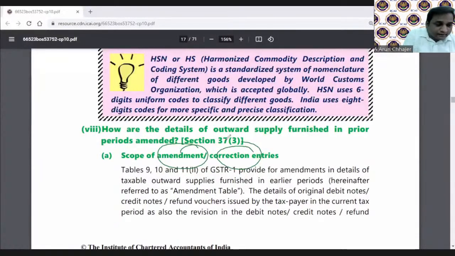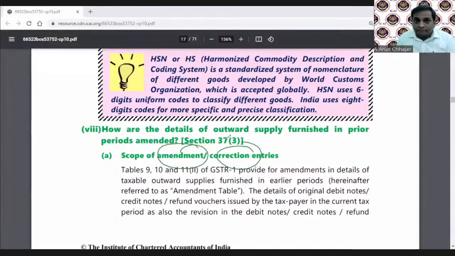It means in the current month, if I have entered any wrong information with respect to invoice, debit note, credit note, etc., in the subsequent tax period I can do the amendment. Amendment of all invoices which I have not entered correctly.